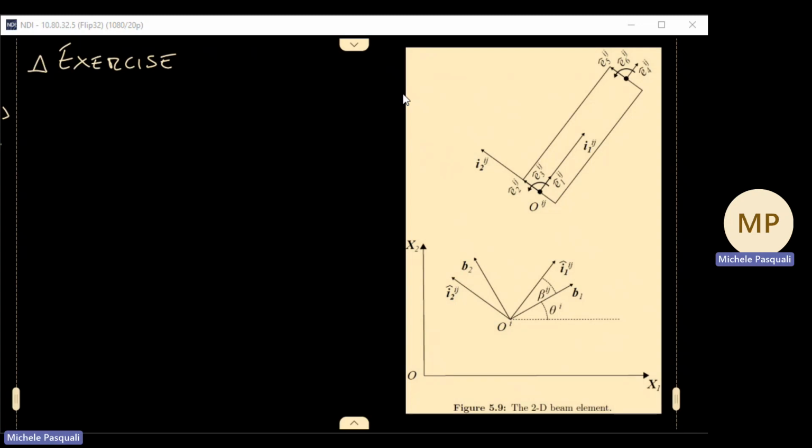And then we have all of the nodal quantities, which are expressed here. You see they have an overhead, meaning that they are referred to these coordinates. Okay?